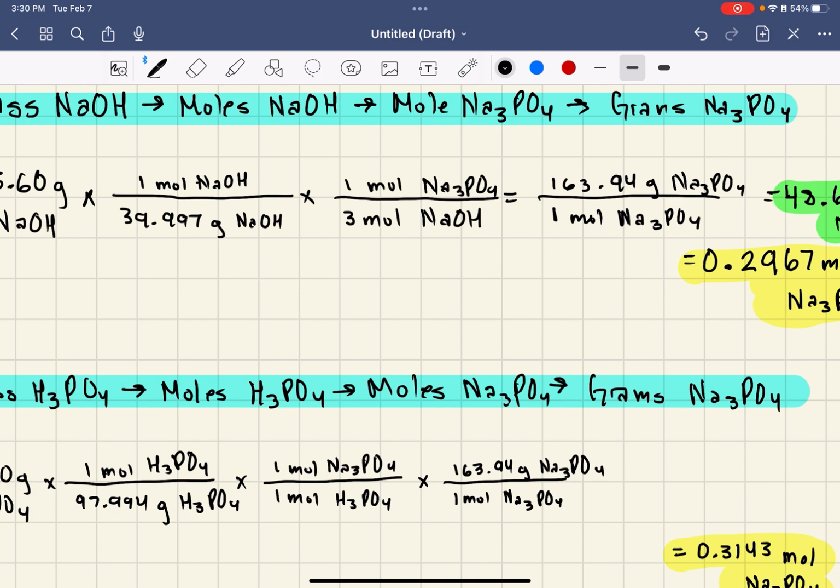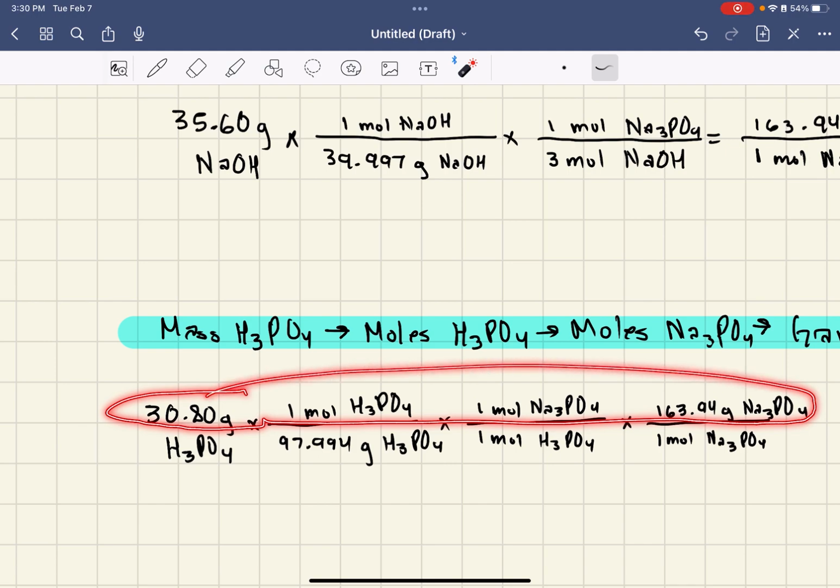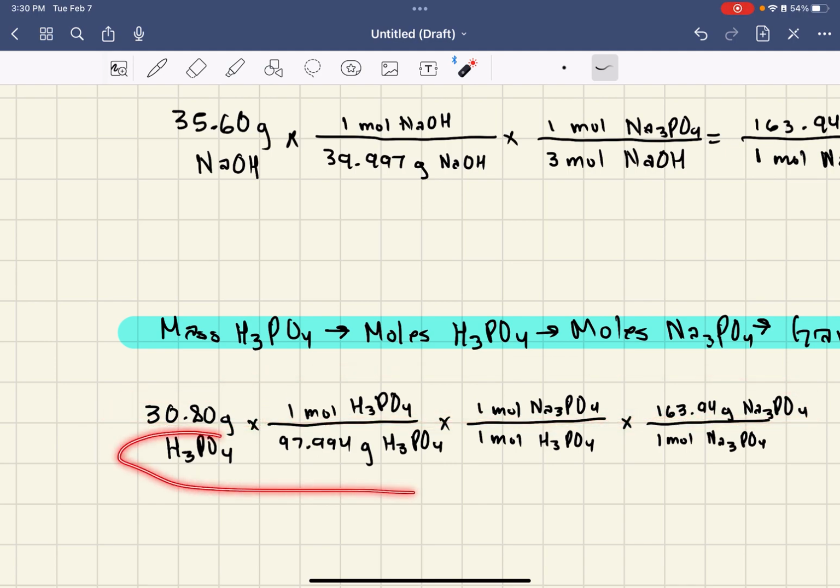So again, we go back to our calculator and insert these numbers. 30.80 times 163.94 equals a big number, whatever the number is doesn't really matter.